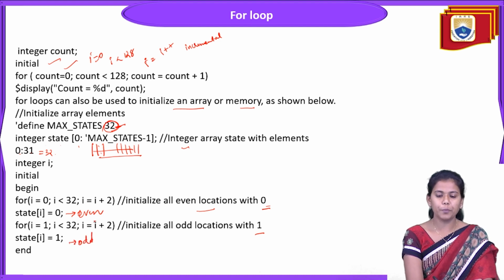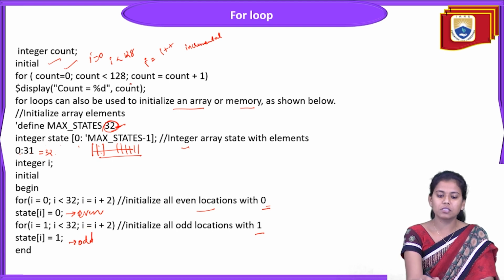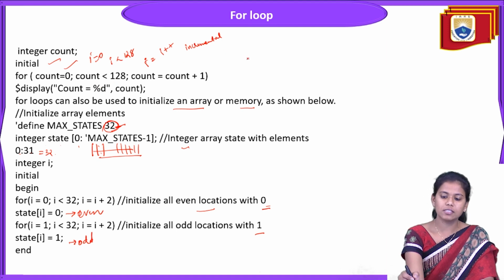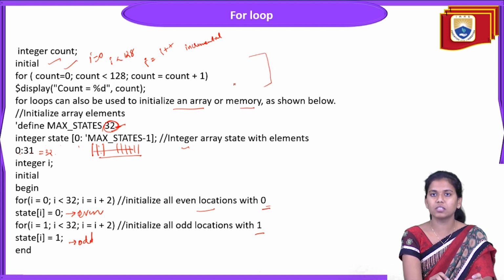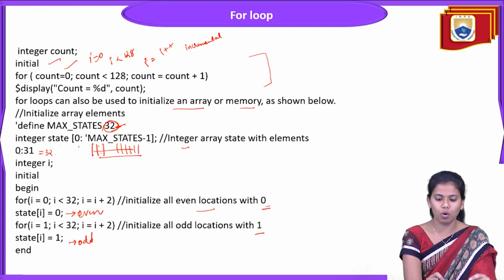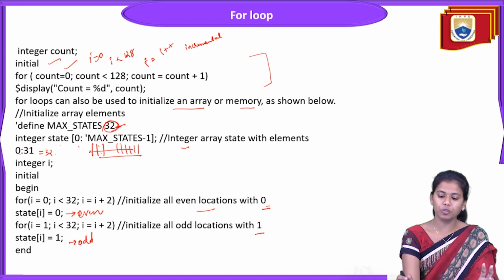Okay, so here I'm just representing by considering the count. I must count from 0 to 128, so less than 128. This is just a representation of a while loop. For example, if you want to write a program for a loop using this array, or using the memory, in this particular array example I've considered the max states are 32.